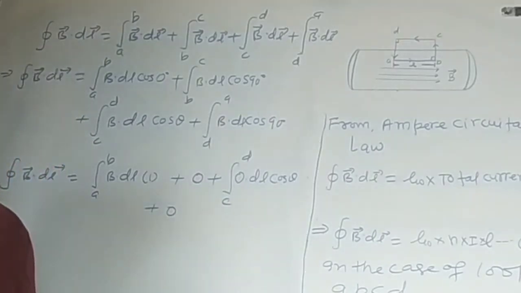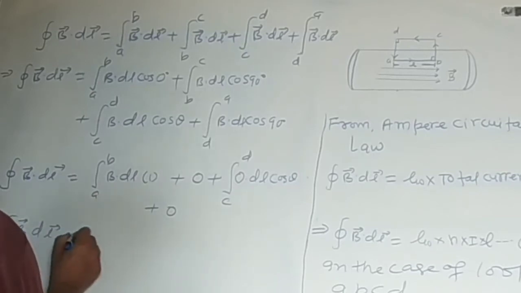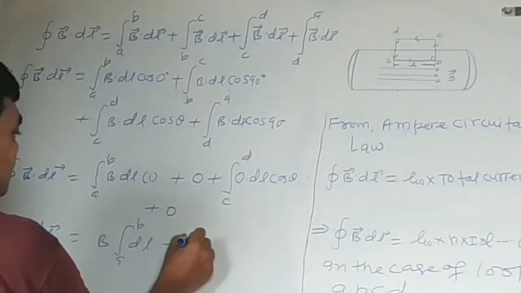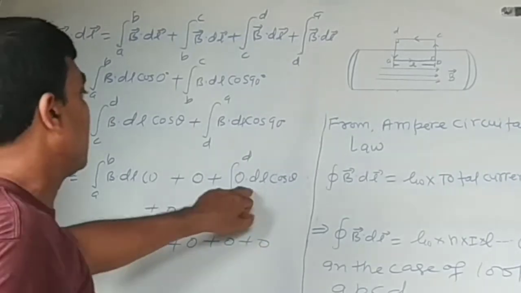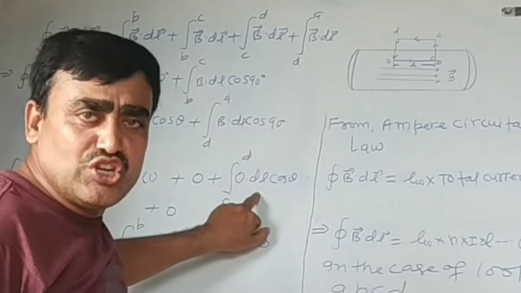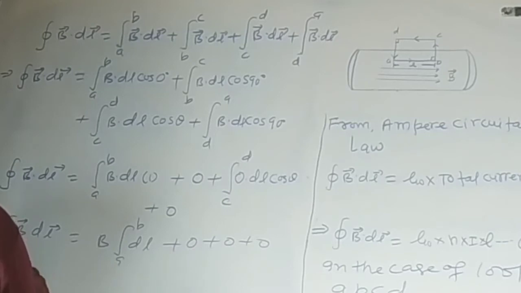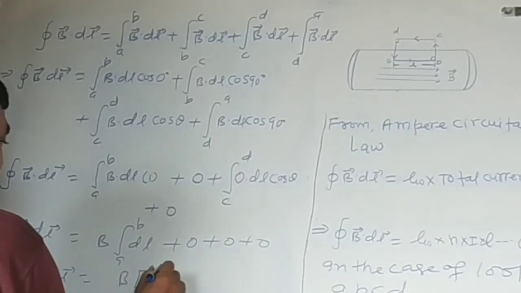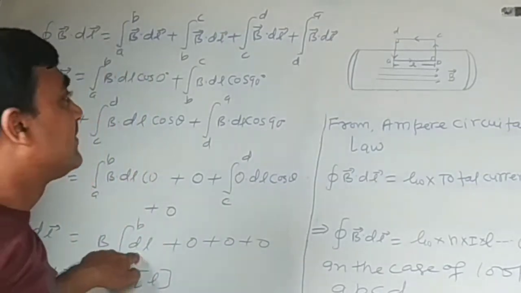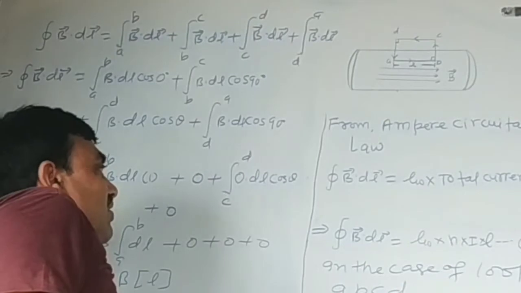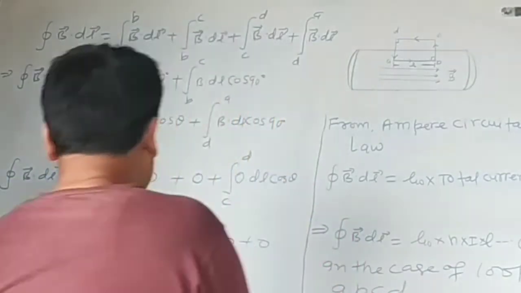That implies the integral of B dl is equal to the integral from A to B of B dl plus 0 plus 0 plus 0. This term will always be 0. That implies the integral of B dl is equal to B into L. Here L is the length of side AB.